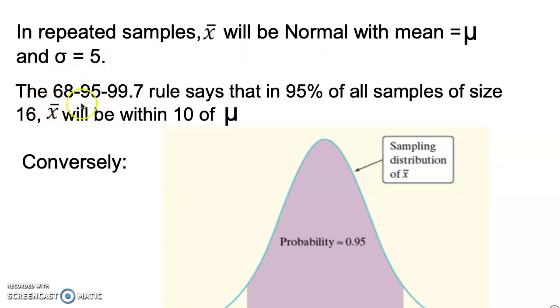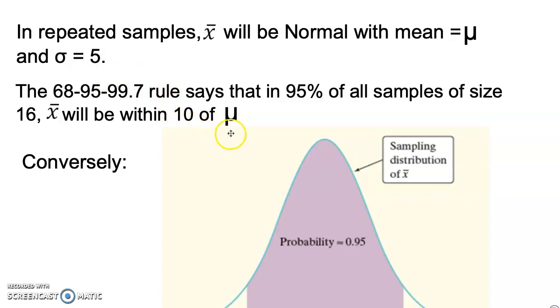Remember our 68, 95, 99.7 rule from way back when? It tells us that in 95% of all samples of size 16, the sample mean would be within 10 of the true population mean, which is 2 standard deviations, since 10 is 2 times 5.